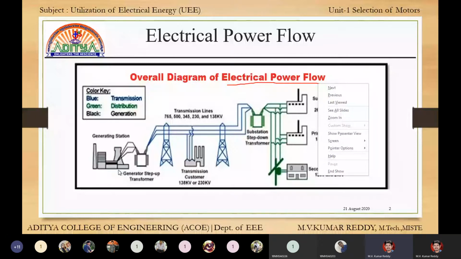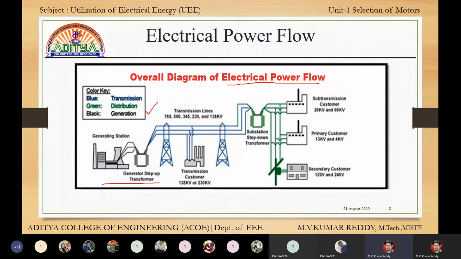Already we know that in an electrical system we have four stages of power flow. The first one is generation, which is in black color, the second one is transmission, which is in blue color, and the third one is distribution, which is in green color.